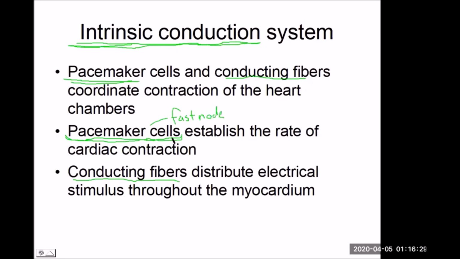Thus, the fastest nodal cells, the pacemaker cells, will establish the basic rate of the heart's contraction. The pacemaker cells are the ones that are producing the electrical current, whereas the conducting fibers' job is to spread that electrical current from the pacemakers throughout all of the cardiac muscle in all four chambers. So really distributing that function that started at the pacemakers throughout the myocardium of all four chambers.